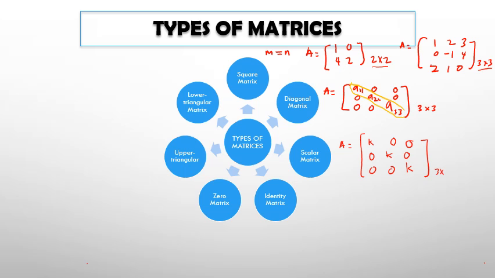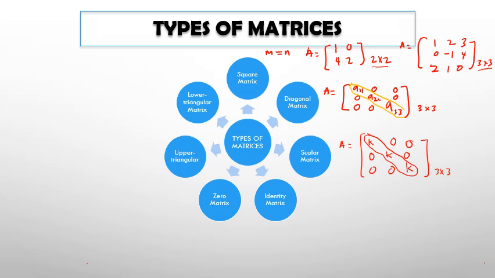I gave an example of 3 by 3, but the same goes for 2 by 2 or 4 by 4. It follows the same rule. The key is that all must be the same number on the diagonal. So we say that it's a scalar matrix.